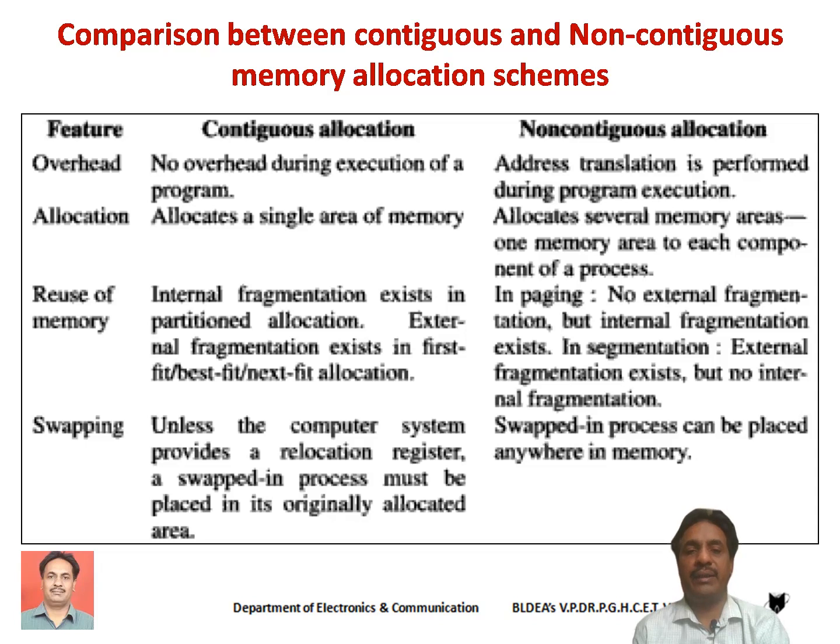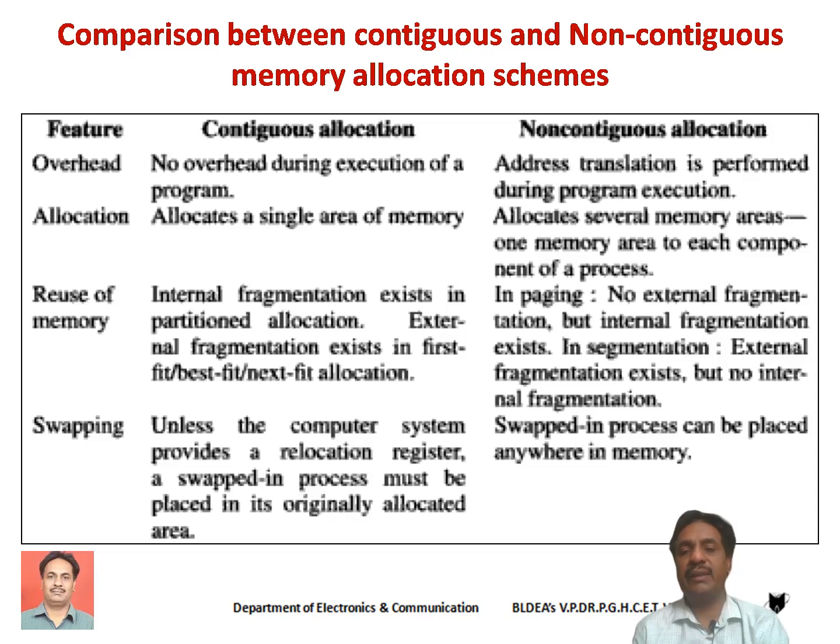The contiguous allocation scheme always allocates a single contiguous block of memory to the program. In the non-contiguous allocation scheme, it allocates several memory blocks for each component of the process.